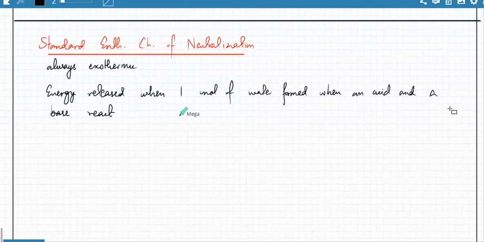So it's the energy that is released when 1 mole of water is formed when an acid and a base react, measured under standard conditions.